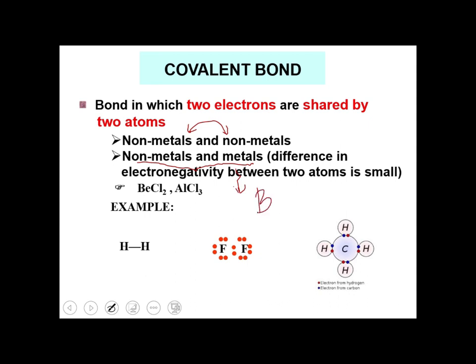When you have the metals Be, B, Al, so beryllium, boron, aluminium, these 3 atoms come from metal, but they can also form covalent bonds. So that is the exception.